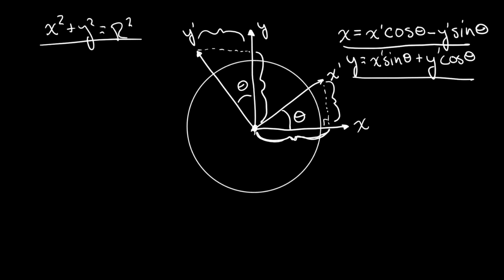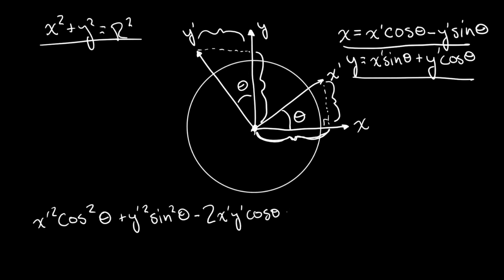And it's kind of gross. It's not the most pretty thing mathematically, but we just FOIL everything out. And we find something like x prime squared cosine squared theta plus y prime squared sine squared theta minus 2x prime y prime cosine theta sine theta. So this is from x squared. It's just this equation here squared and FOILed out.